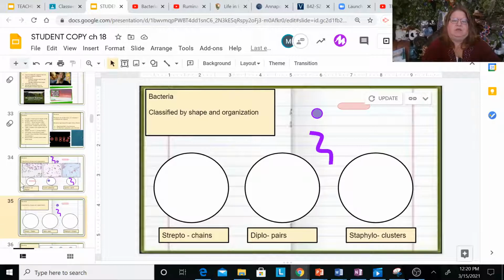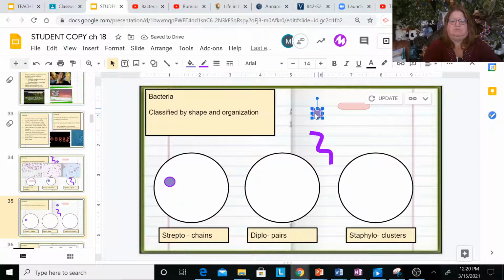And then we have bacteria classified by their organization. So strepto would be in chains. So I'm just going to move some of these down so you can see them. So strepto would be in chains, and you can make your own strepto. Now, why do we worry about this? Well, this allows us to identify.